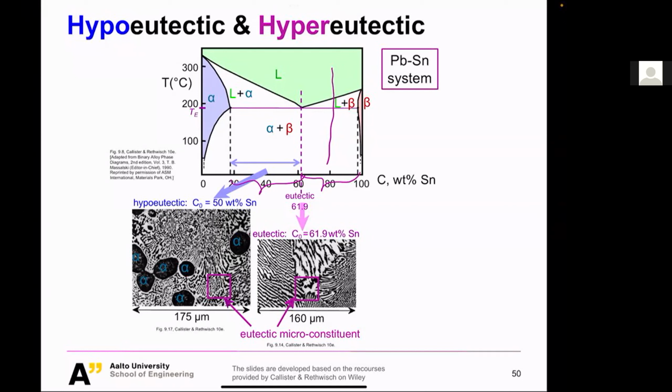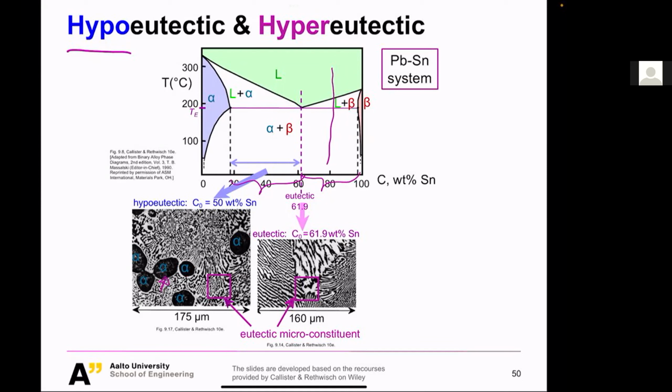And hypo means below. So this entire word basically means you're below the eutectic composition. When you have your composition below the eutectic composition, it is so-called hypoeutectic, and the microstructure will create a eutectic microstructure plus the so-called alpha. This alpha is the so-called primary alpha, because it was created before you had the eutectic reaction.